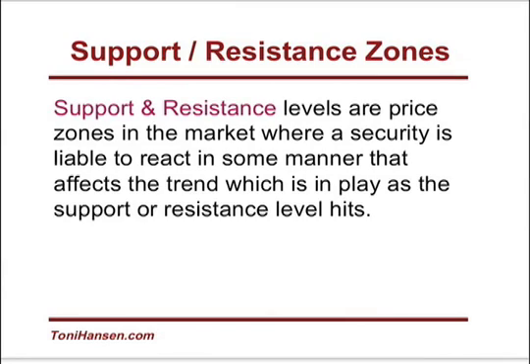So basically, we're looking at price points in a security or in one of these options where, let's just say we're in an uptrend where a security is moving higher and it's coming into a resistance level. Now, a resistance level is most likely to stall or reverse that uptrend move.